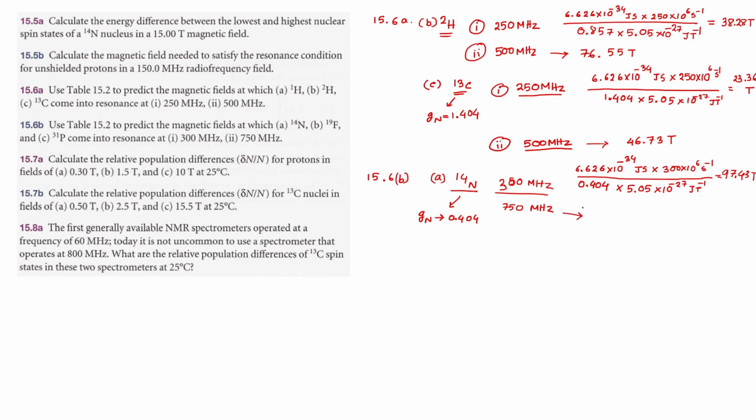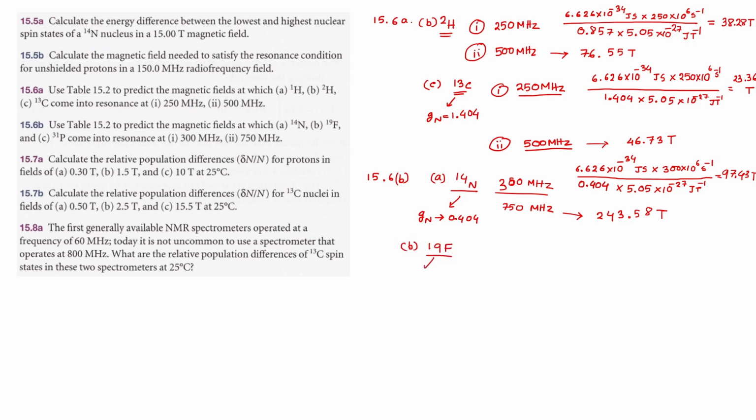Now for 750, I'll just replace the Larmor frequency value, it will be around 243.58 Tesla. Okay.